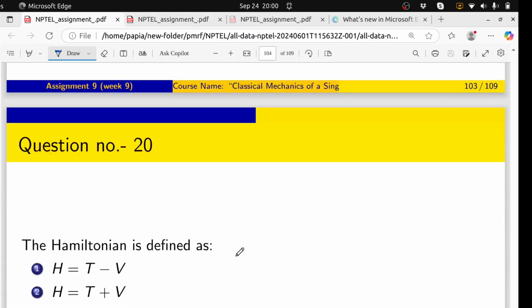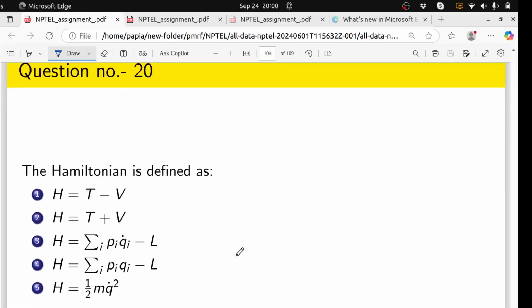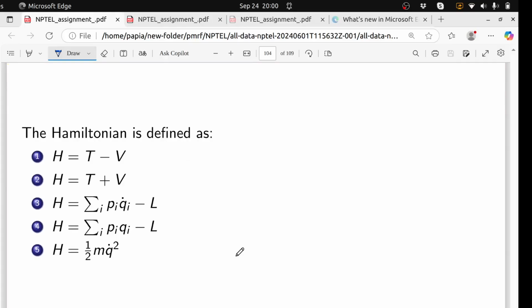Okay. Now coming to the last question. The Hamiltonian is defined as H equals T minus V, T plus V, summation p_i q_i dot minus L, or summation p_i q_i dot minus L, half m q dot square.